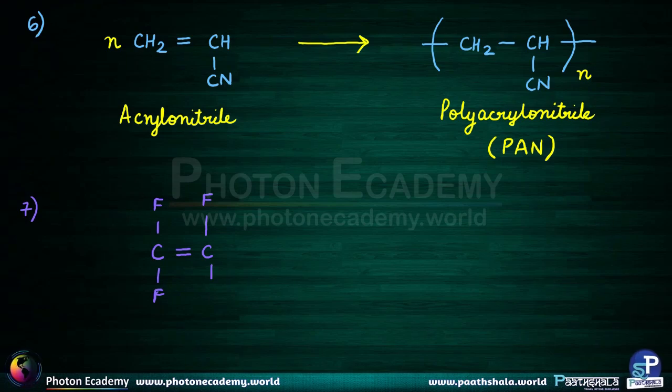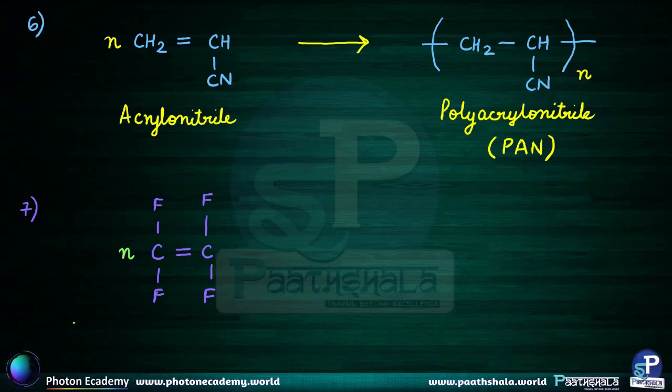The seventh one that we'll be seeing is C double bond C with 4 fluorine completing the valency of carbons. So we have this, and n units of this is called tetrafluoro, that means 4 fluoro, and we have ethene group.